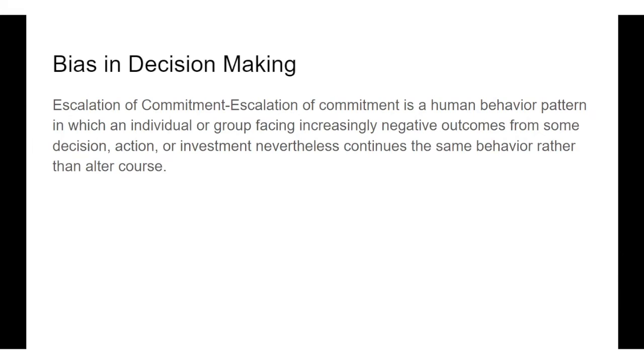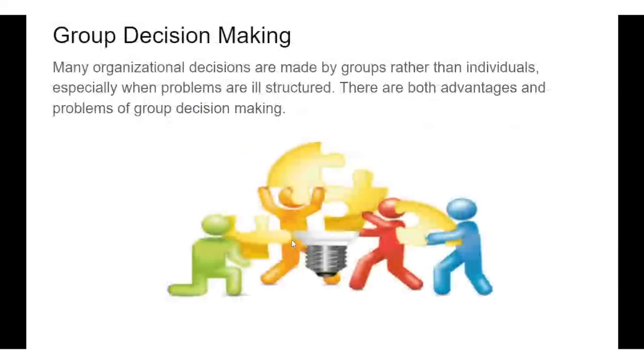You've learned in accounting, for example, that we always use historical cost, or that we don't make decisions based on what happened in the past. Okay? Again, it's human nature in bias for decision making to escalate our commitment. In other words, if we did it, we're going to continue to do it, continue to add to it. So the concept of sunk costs doesn't really apply in human nature.